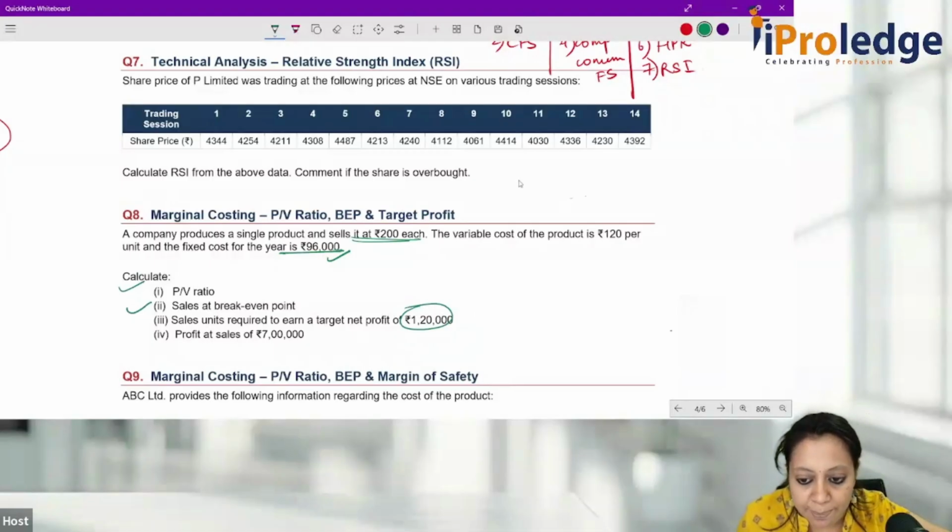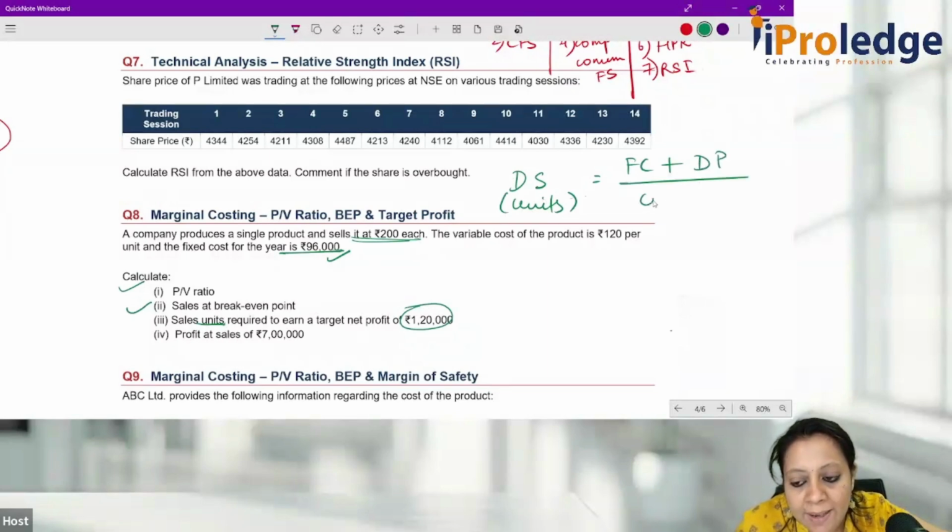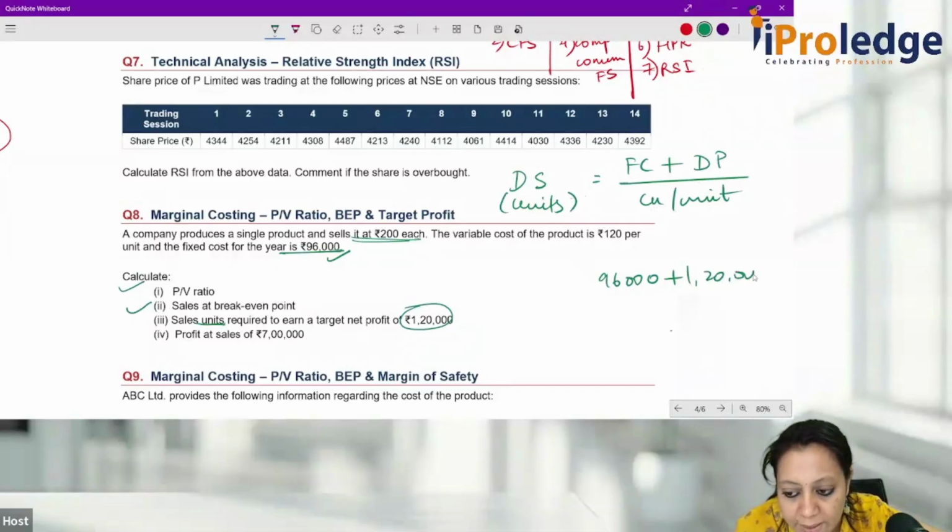So what should we do now? Desired sales units they are asking. Desired sales units is going to be fixed cost plus desired profit divided by contribution per unit. Okay. So now fixed cost is 96,000 plus desired profit is 1,20,000 divided by contribution per unit.